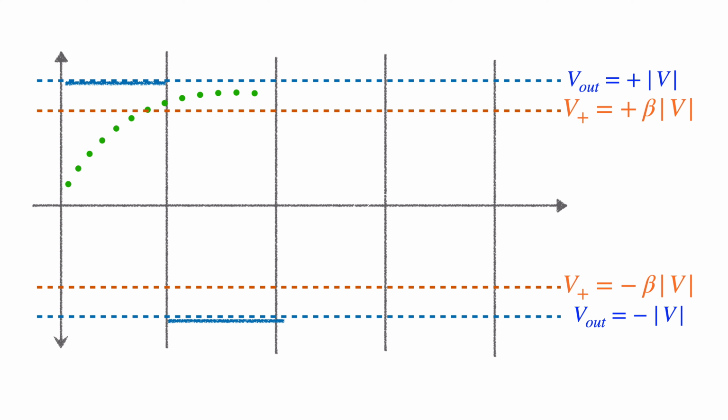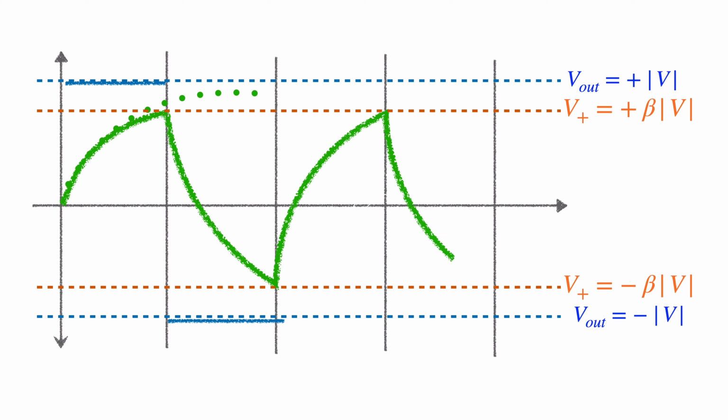You can see the capacitor voltage will initially increase up to plus beta mod V, and then it will discharge and fall down, and upon reaching minus beta mod V, it will again try to get charged. So this will be the potential curve for the potential at the capacitor end, and the blue line will give you the maximum output voltage.